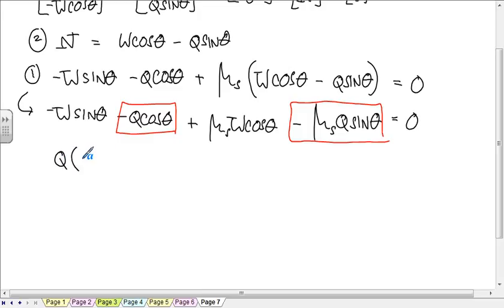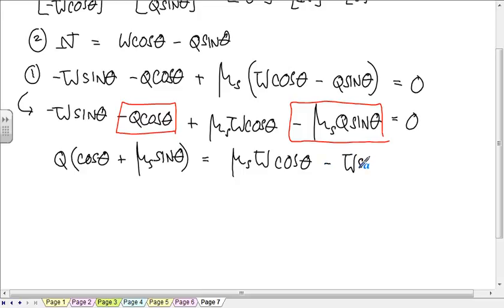Q times cosine theta plus mu s sine theta is equal to mu s W cosine theta minus W sine theta, I think. Well, and then I just flip the side. I think I skipped this step. It looks sort of confusing, but everything over here is really moved to this side of this equation.